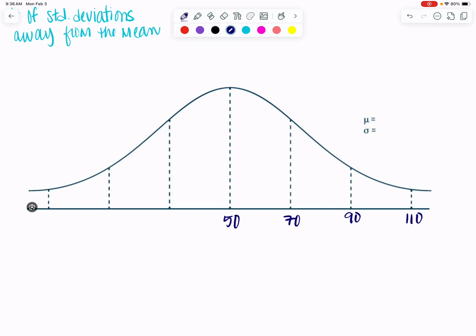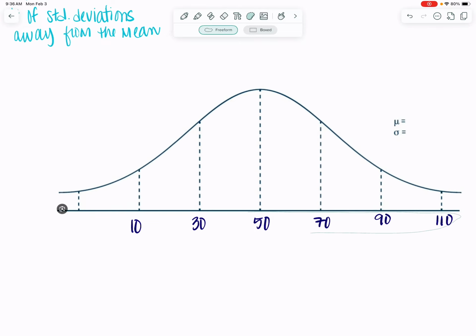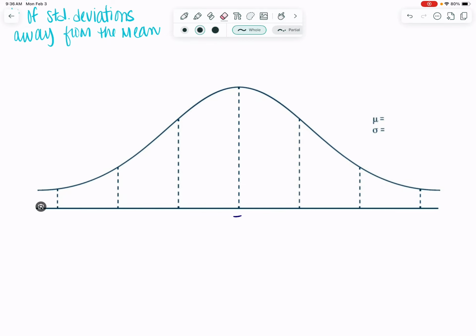This might not work as well as I had hoped, but we'll see. 30, 10. I'm going to slide them all down. Maybe. I'm not. I'm going to erase them all. We'll start down here. 20, 40, 60, 80, 100, 120, 140. If you start at the beginning, it always works better.